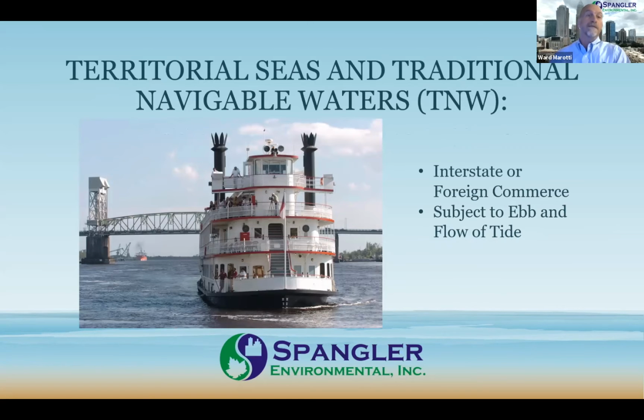You can kind of see that 74 bridge in the background there with that dinner cruise in the foreground. I've gone on that a couple times. It's pretty fun. You can see the Port of Wilmington in the background with those cranes, and so that's kind of a no-brainer with regard to waters of the United States. Those are seas and large bodies of water that are used for transportation and historically navigated.